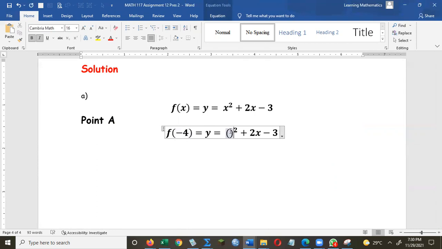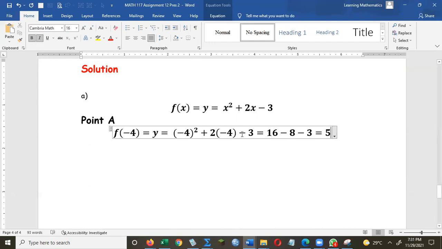Use brackets here because -4 is being squared. Then 2 times -4. You can substitute into your calculator, or do it separately. -4 squared is 16. 2 times negative 4 is negative 8. Subtract 3. 16 subtract 8, subtract 3. That will give us 5.